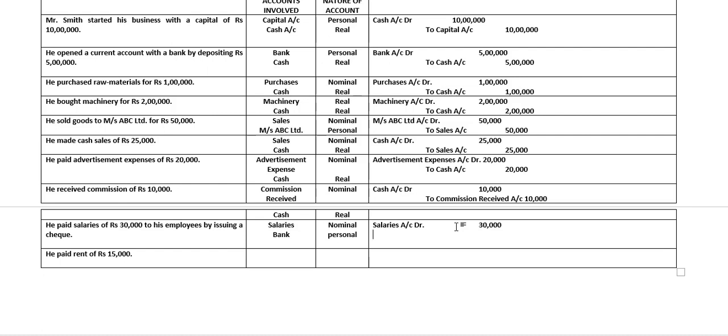On the basis of that check that we write, the bank will be making the payment. So bank is not a receiver in this case but a giver. The rule for personal account says debit the receiver and credit the giver. Bank is giver in this case, so the bank account will be credited.